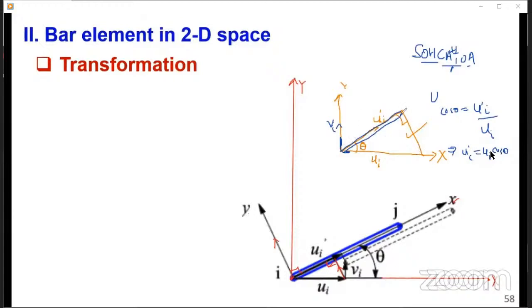Because I'm just trying to get the right angle triangles, so that we can use similar triangles. We started with this triangle, the one now on screen, and we are able to get the horizontal component. We are able to resolve the u prime i into ui, the horizontal component, using the cosine. Now we wanted to get the same, but now the vertical component.